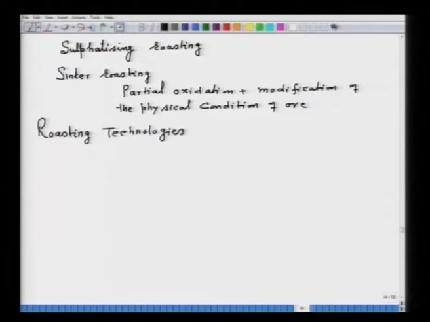You require an ore concentrate, that is, a mechanism of feeding the ore concentrate, then a mechanism of supply of air, because you want an oxidizing medium, a container, a mechanism of output of the roast product, which is sometimes also called calcine, and a mechanism for the discharge of the gases. That in short comprises the so-called roasting reactor.